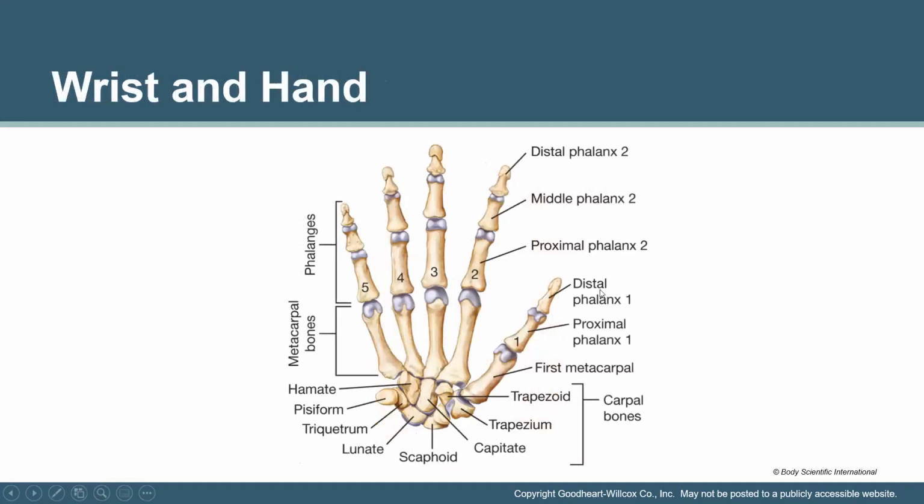Now, when we get into the wrist and the hands, all of your carpal bones have names. I'm going to read through them. I wouldn't get too stuck on them. Depending on what you're looking at, we're looking at the back of a hand, looking at the carpal bones.